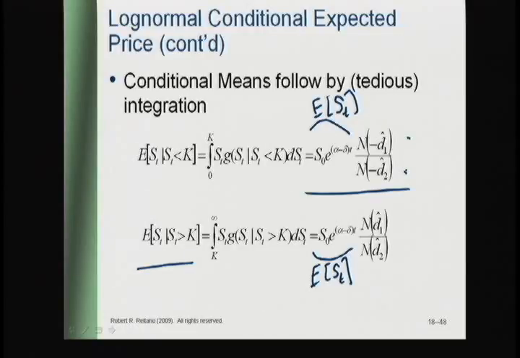Notice that the formula for the conditional mean, given that S is bigger than K, well, that's important for calls. And we see both normal values observed in the Black-Scholes call formula. And we're now going to see how these two formulas will, in fact, give us the Black-Scholes formula in the next slide.